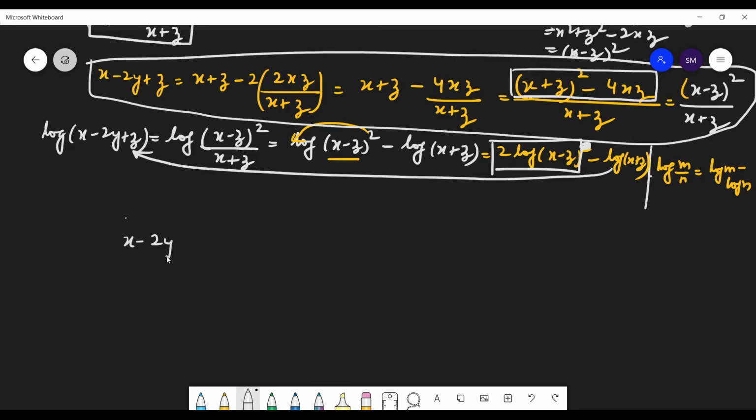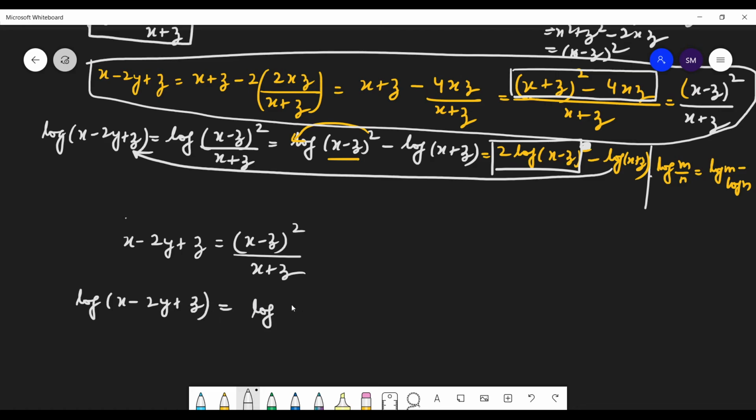So x minus 2y plus z is equal to x minus z whole square upon x plus z. So taking log both sides. So log of x minus 2y plus z is equal to log of x minus z whole square upon x plus z. So we have a formula.